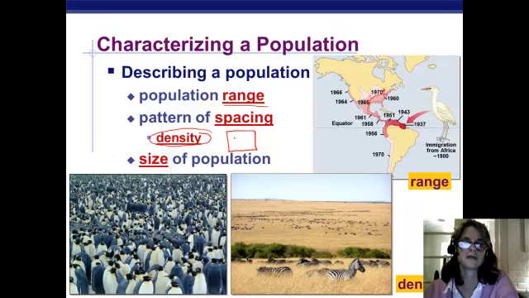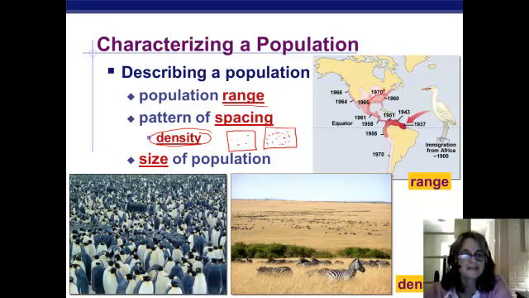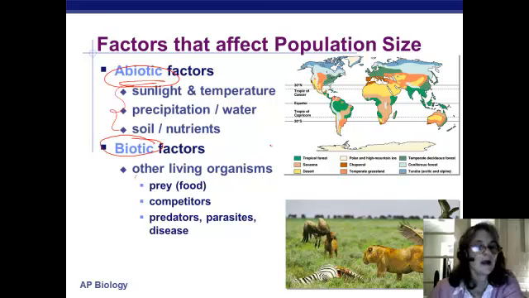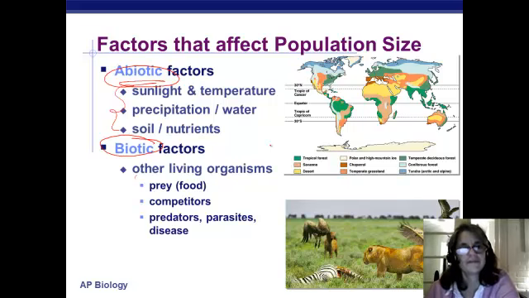Is there lots of space between individuals, or is the population packed, with individuals all very near to each other? And that's going to really determine how different factors affect the population.